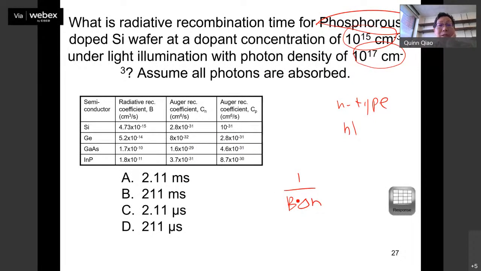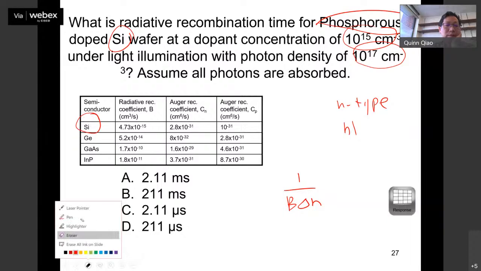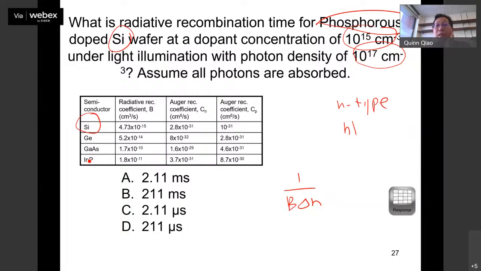From here, what material is this? This is silicon, and this one is radiative. So this B is here from the table. You plug it in for delta n, which is the excess carriers.